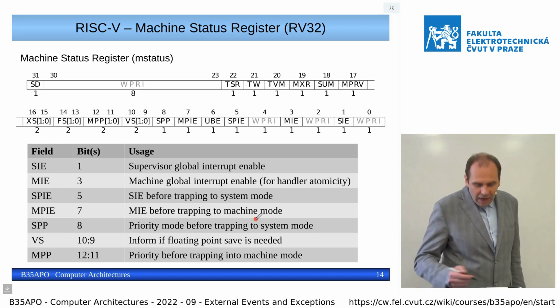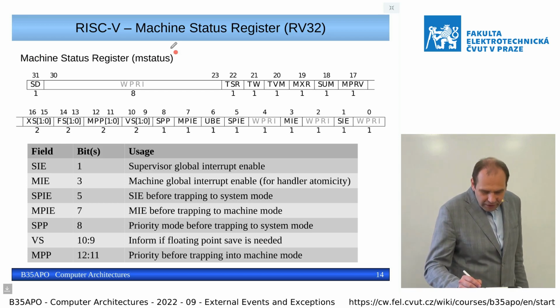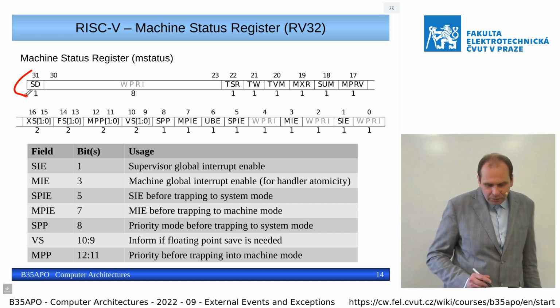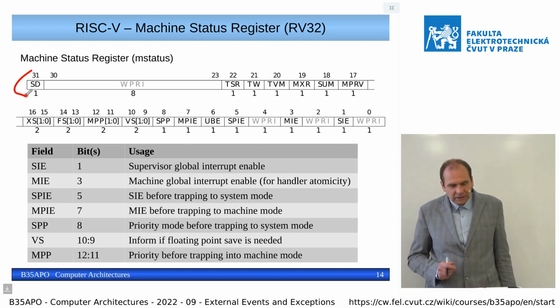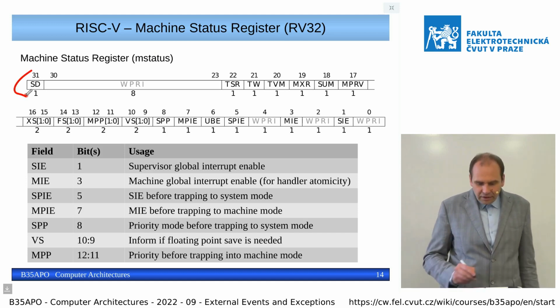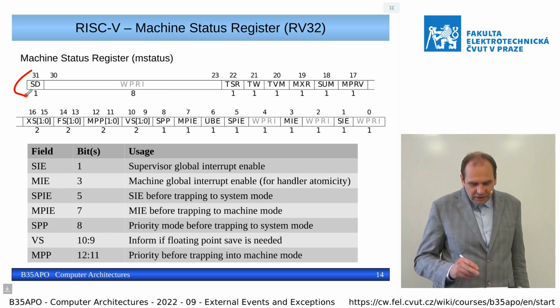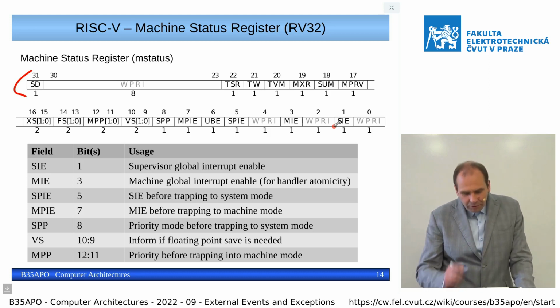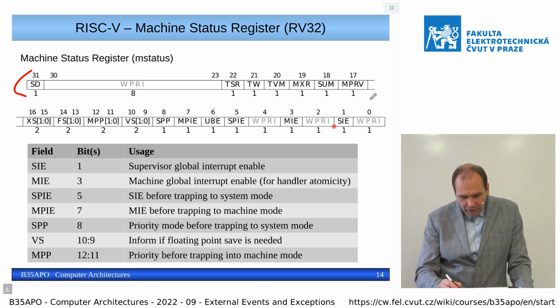Okay, now if we look at the actual registers, the mstatus register with index 300 hexadecimal has this set of fields. We look only at some of them which are important for our case.